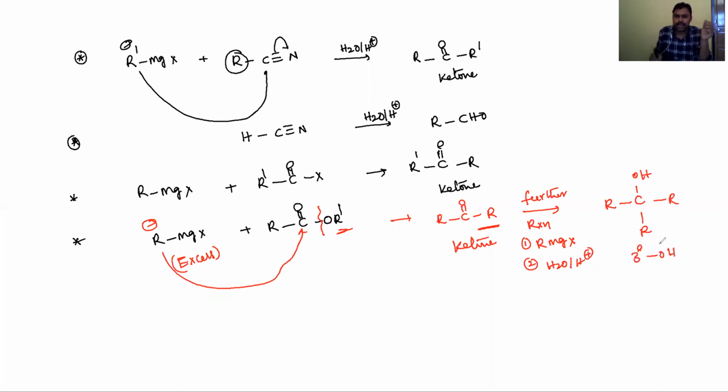So a limited amount of Grignard reagent reacts with either acyl halides or esters to produce ketones. If excess is used, it is converted into tertiary alcohols after hydrolysis. You have to remember this point.